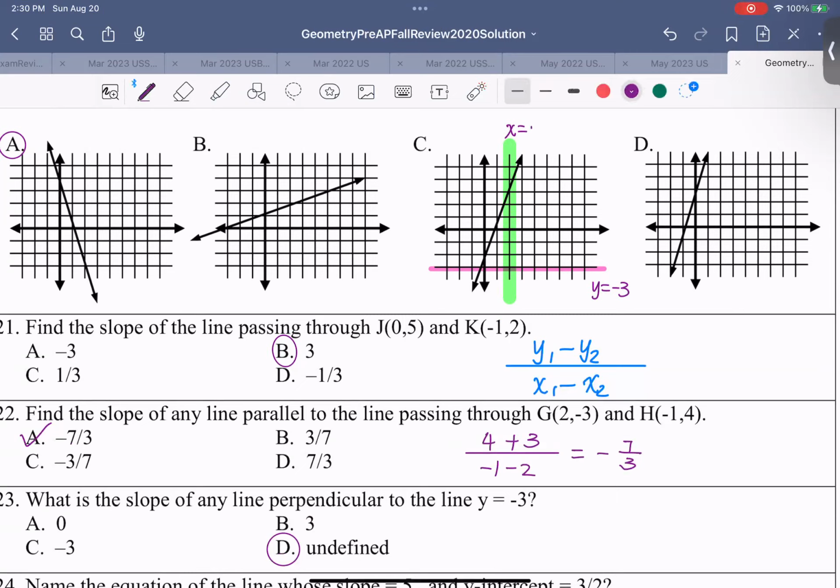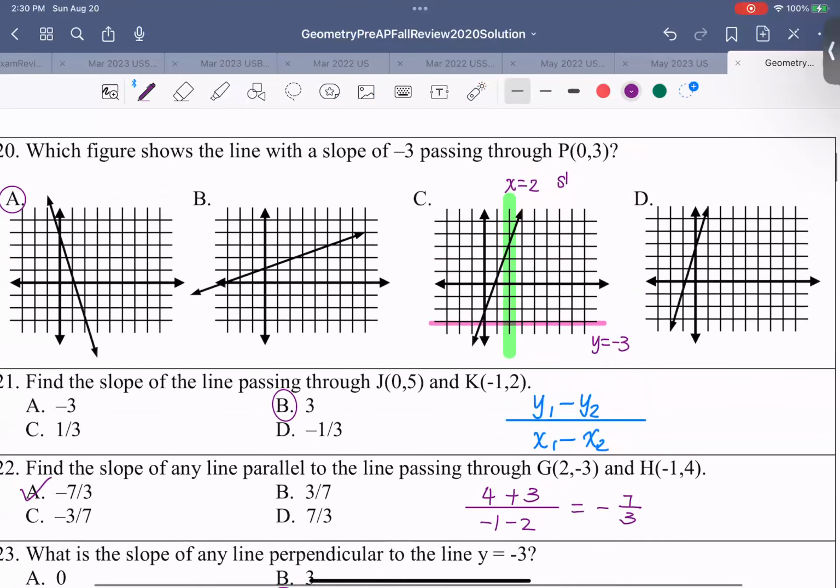Positive 2. Very good. So if you have a line which is perpendicular to the x-axis, this is called a vertical line. For this vertical line, the slope is undefined. If you have a horizontal line, the slope is 0. Make sense?